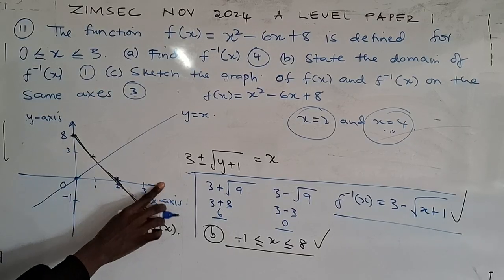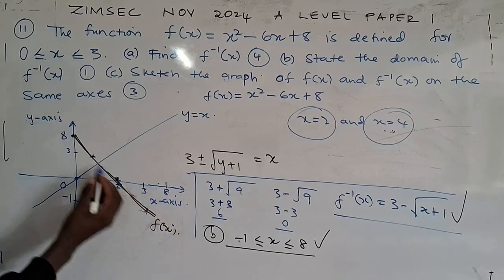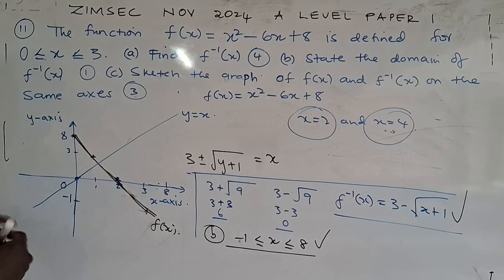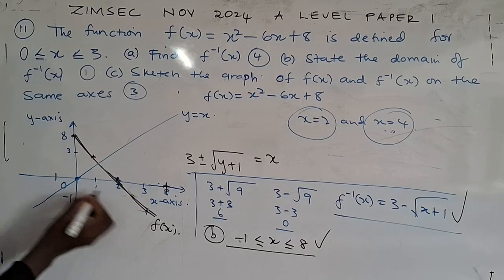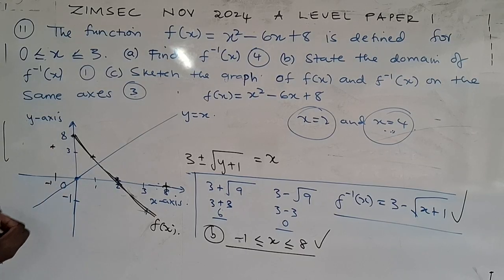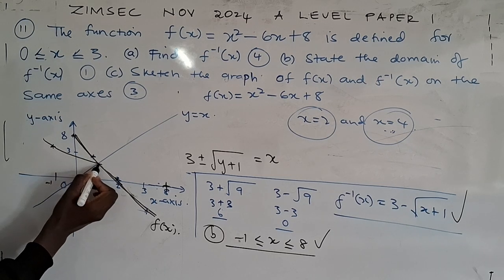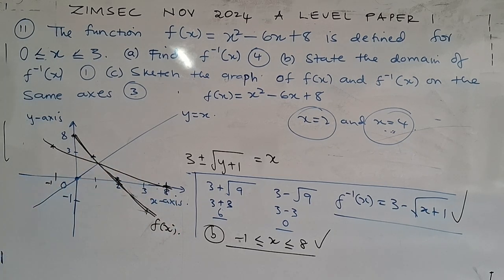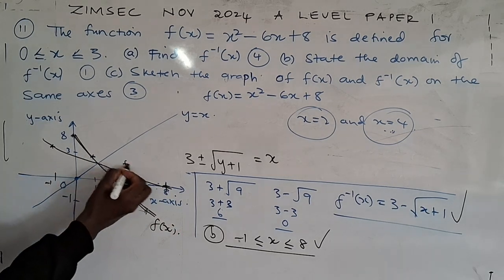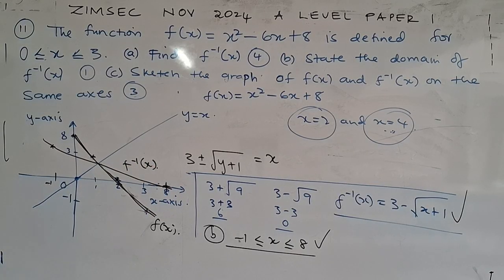This point will come here, this is now 8. The 3 will become this point, and this minus 1 will come here. Now this is the graph of the inverse.